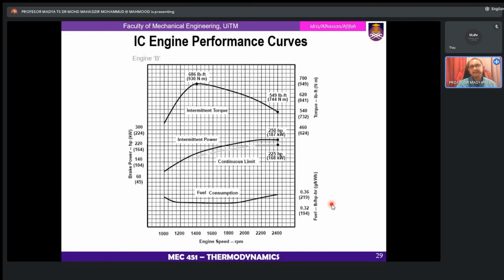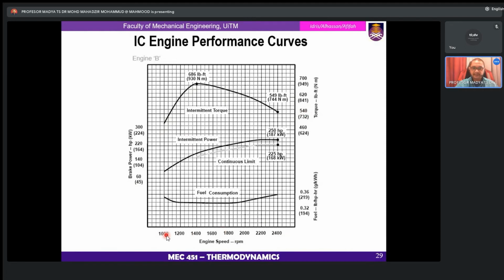This shows the IC engine performance curve. If you look here, the normal torque that comes from a normal engine is like this, based on torque versus engine speed.